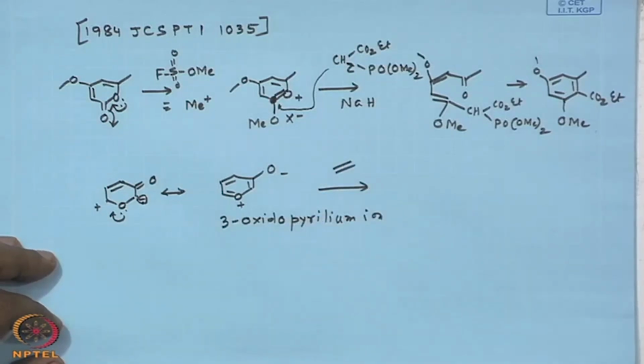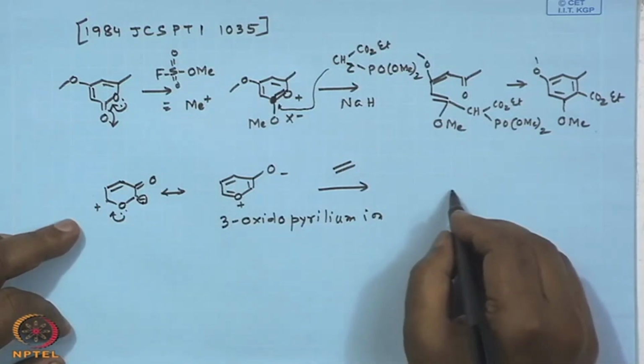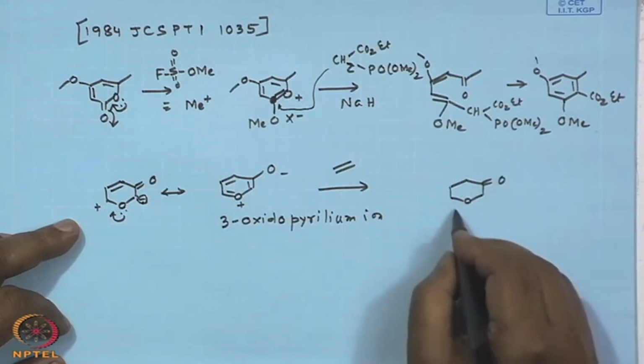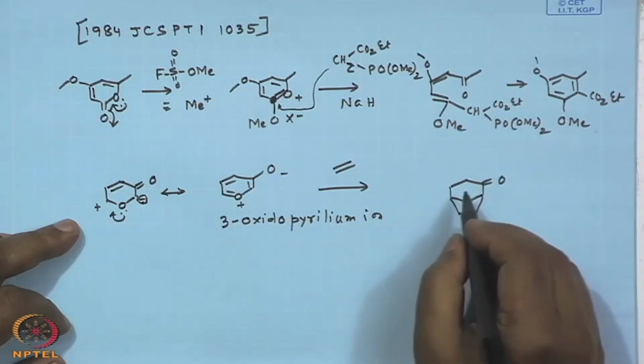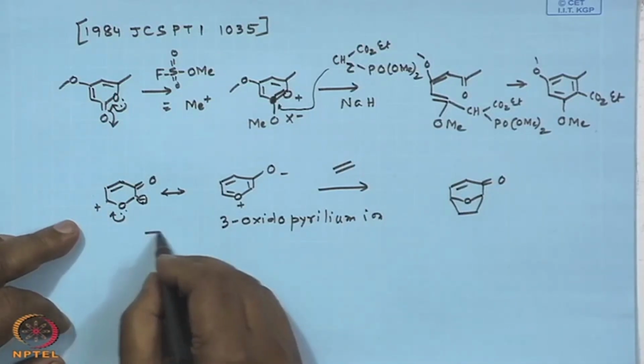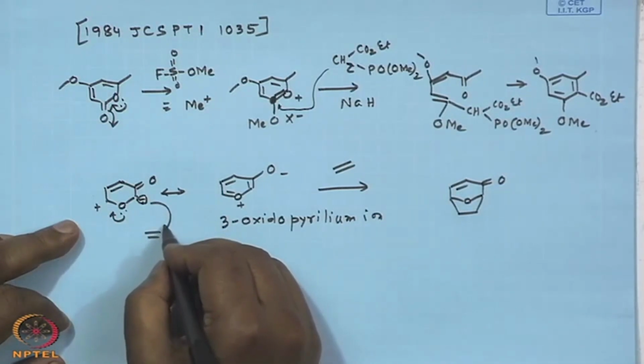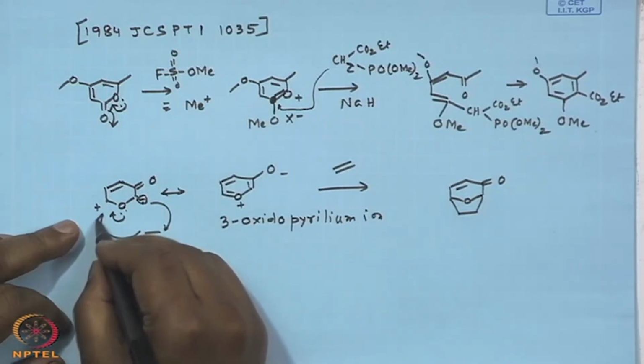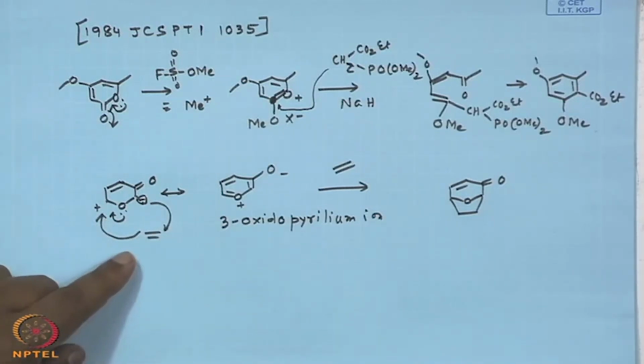Let us say you have a large excess of ethylene, what do you expect? You expect a reaction here, as if this electron goes to this and then the negative charge neutralizes this. Although we are writing in the ionic form, they are truly cycloaddition reactions.